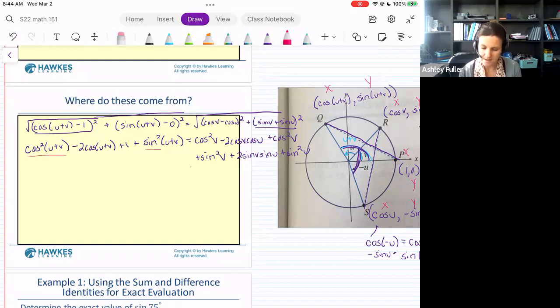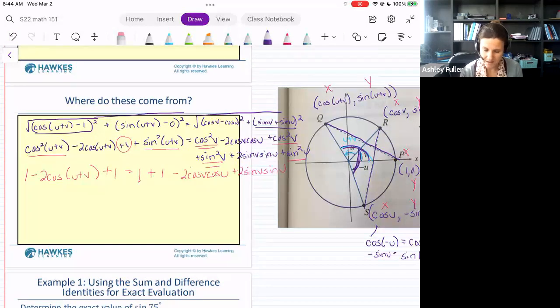So I can combine this, and I get 1 minus 2 cosine of u plus v plus 1 equals, and then over here, this comes out to 1, and this comes out to 1, minus 2 cosine of v cosine of u plus 2 sine of v sine of u.